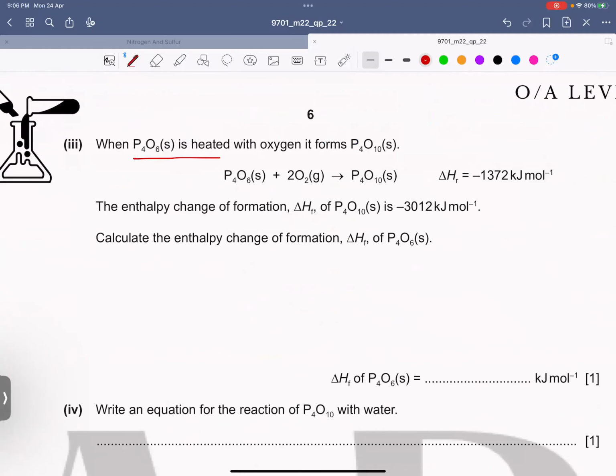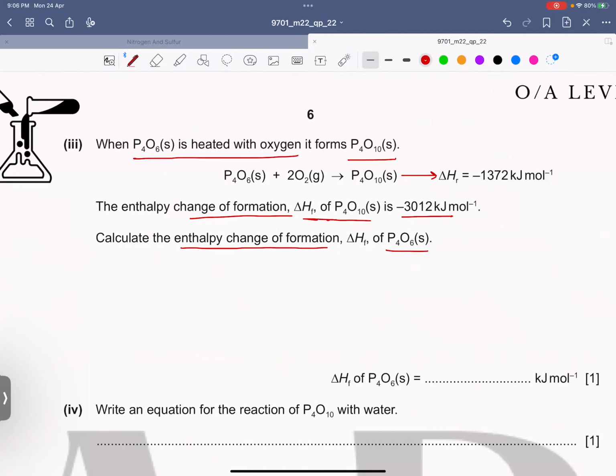When P4O6 is heated with oxygen, it forms P4O10. The enthalpy change of formation of P4O10 is minus 3012. See, it's a formation. And the enthalpy change for this reaction is given over here. They are asking you to calculate the enthalpy change of formation of P4O6.